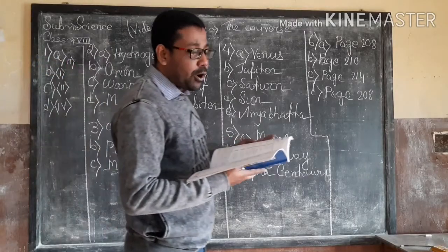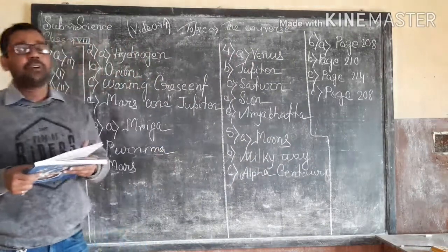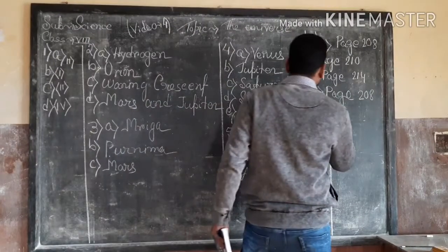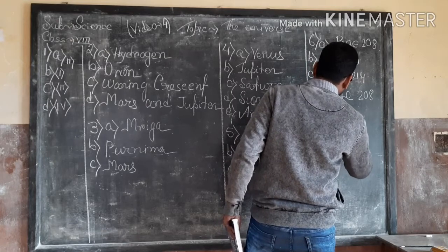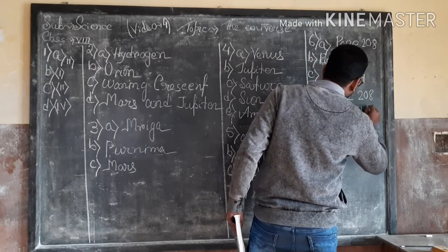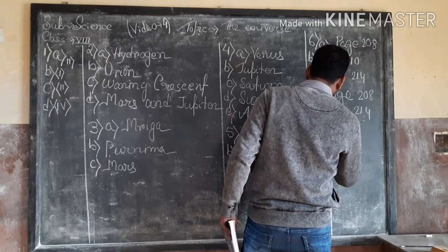What are meteorites? This is also present on page number 214.